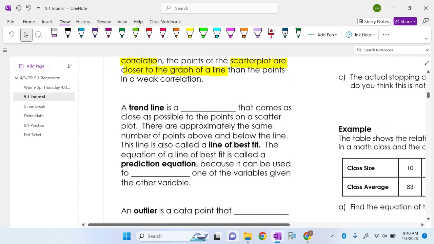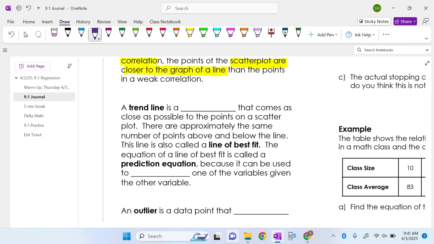Now, we then have what we call a trend line. You guys know what a regression line is. A trend line is typically the line that we predict if we're doing it by hand. The calculator gives us the most exact regression line, whereas a trend line, if we did it by hand, is one that we made ourselves.